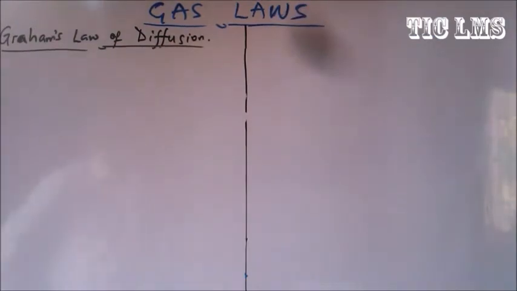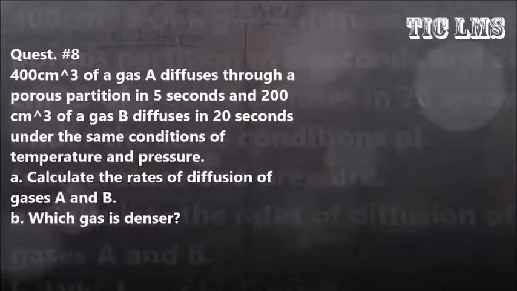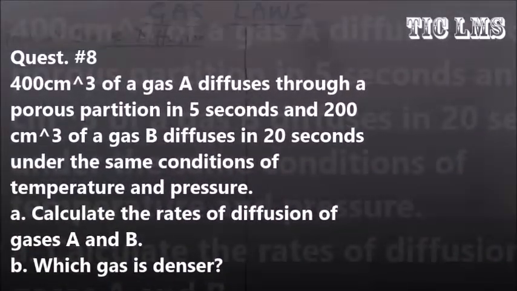We have a question here which says that 400 cm cubed of a gas A diffuses through a porous partition in 5 seconds, and 200 cm cubed of a gas B diffuses in 20 seconds under the same conditions of temperature and pressure. A. Calculate the rate of diffusion of gases A and B. B. Which gas is denser?